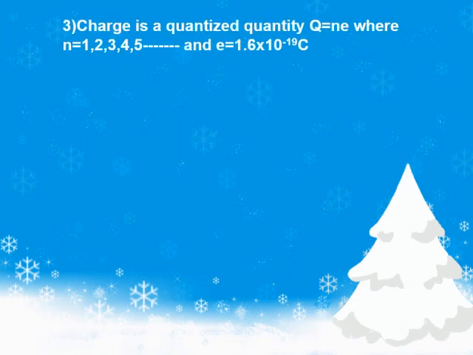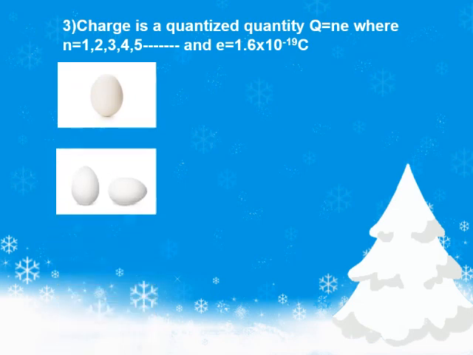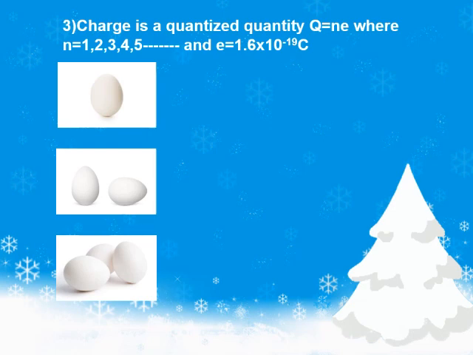Now, charge is a quantized quantity. To understand the quantization, again let's have an example. Whenever you go to a baker and ask them about eggs, you normally say I need 1 egg, or I need 2 eggs, or I need 3 eggs. You can't say I need 1.5 eggs or I need 2.5 eggs, because eggs exist in discrete form.